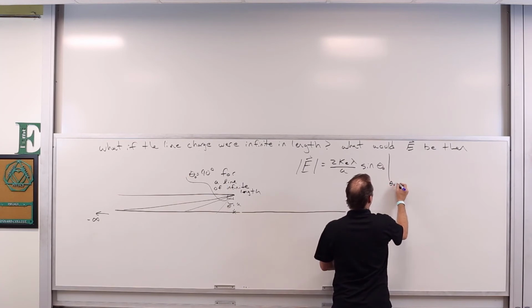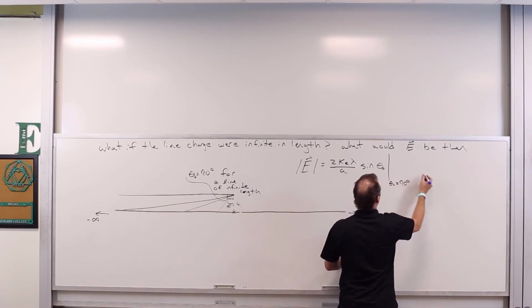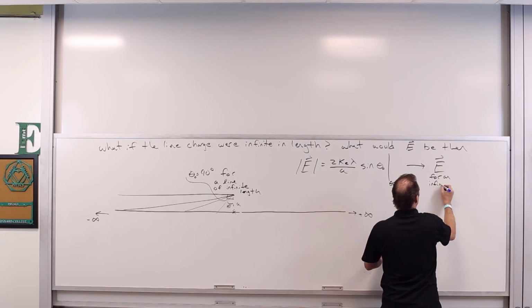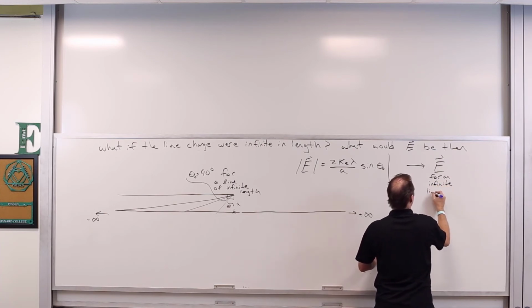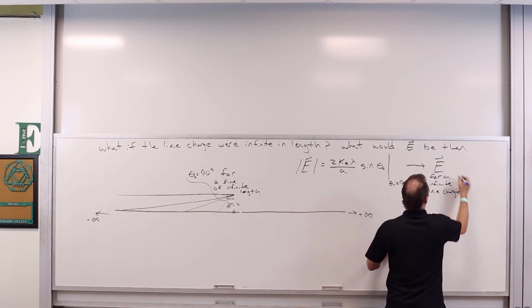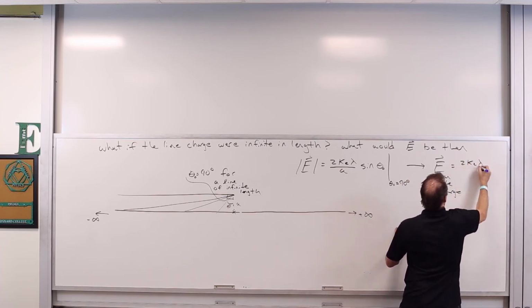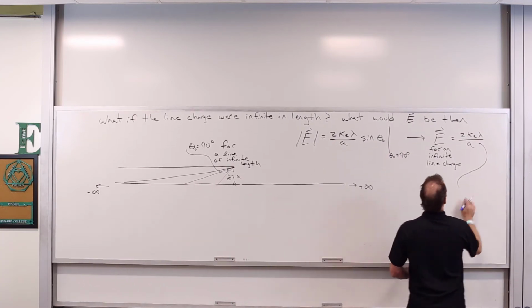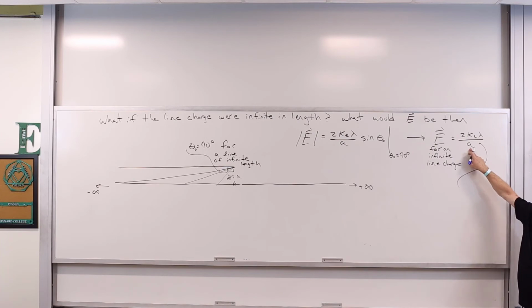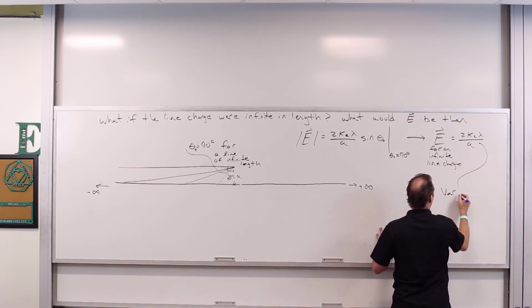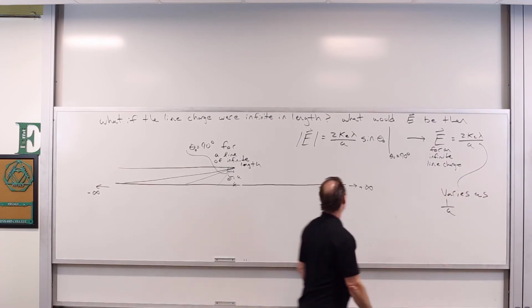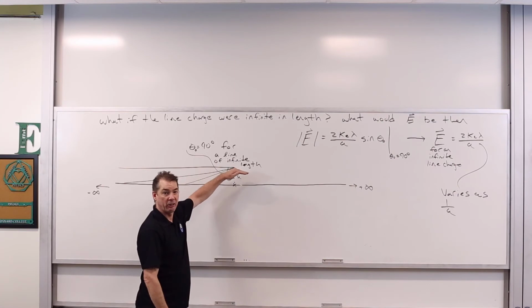Evaluated at theta sub 0 equal to 90 degrees, that gives us that E hat for an infinite line charge is equal to 2 k sub e lambda divided by a. What's interesting about that? It just varies as 1 over a, where a is the distance you are away from that particular line charge itself.